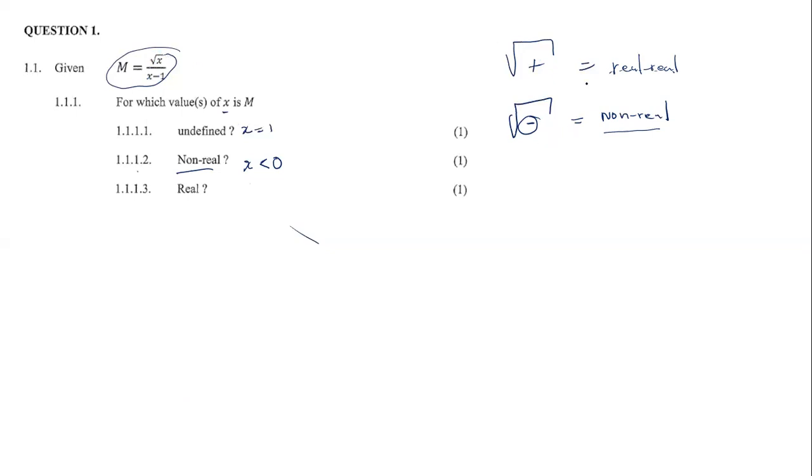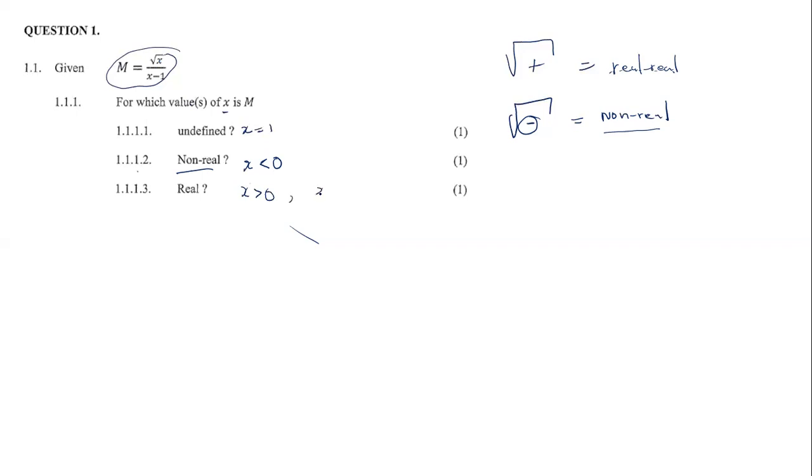So if I substitute positive numbers under the root sign throughout, I'm going to have the real values. So any number that you substitute over here except 1. You're going to say when x is greater than 0, you will get the real numbers because we have the positive numbers under the root sign.